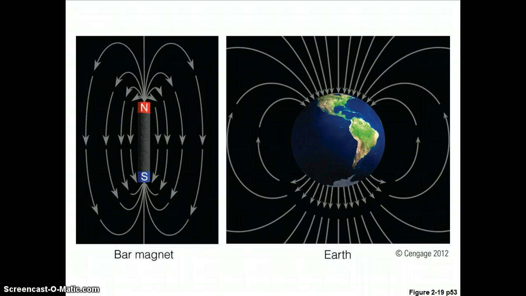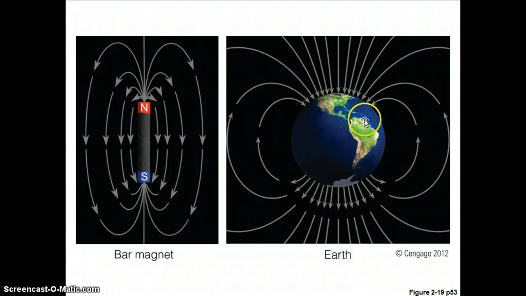Now, at the Earth, facing the sun, we have magnetic field lines that, when they're not disturbed, are uniformly distributed across the surface of the Earth. In this particular diagram on the right, we have the magnetic field lines flowing from the southern hemisphere into the northern hemisphere.